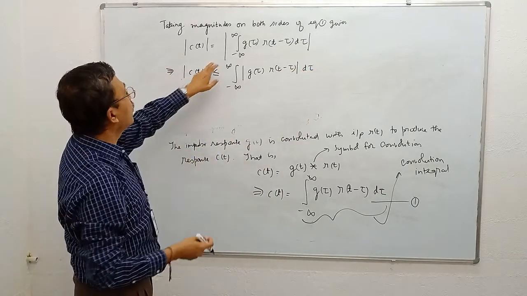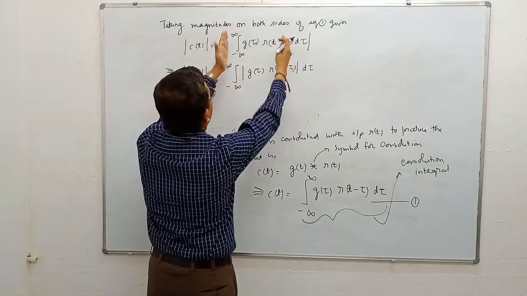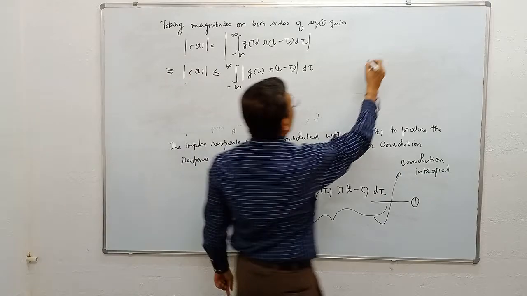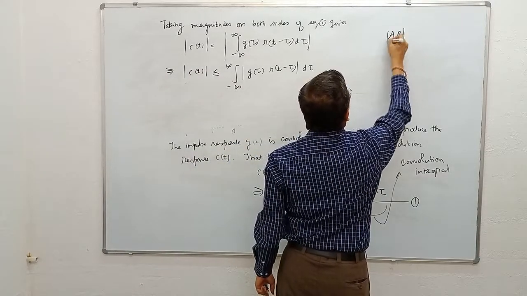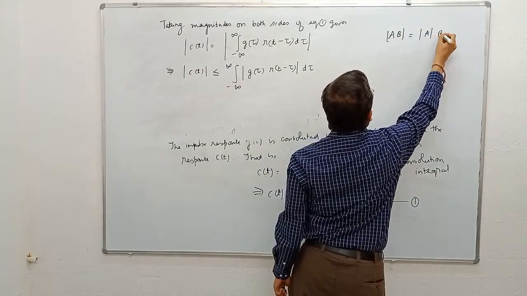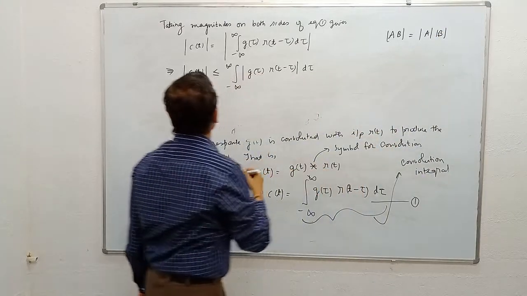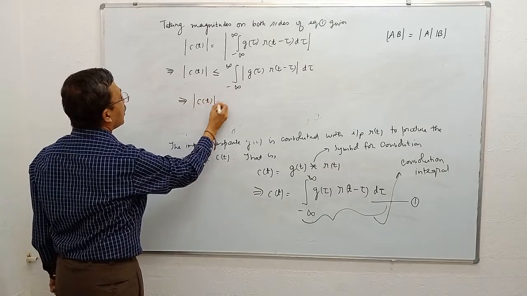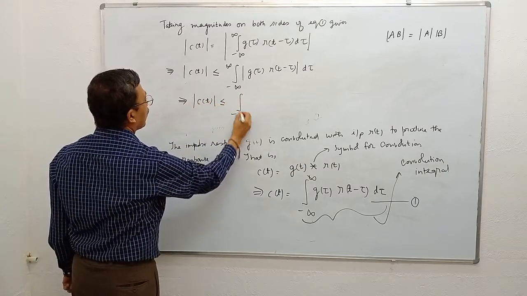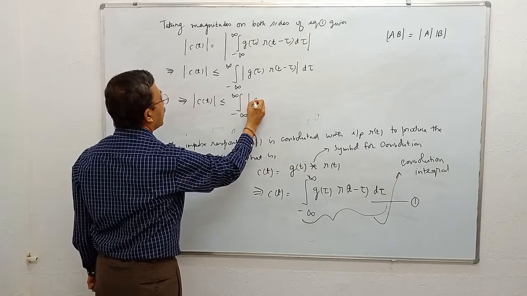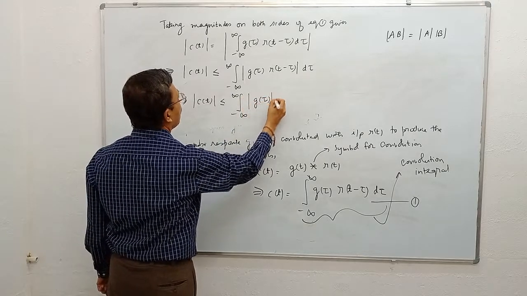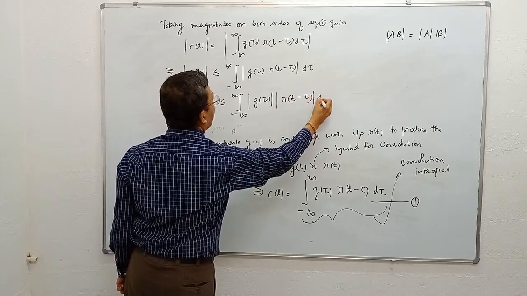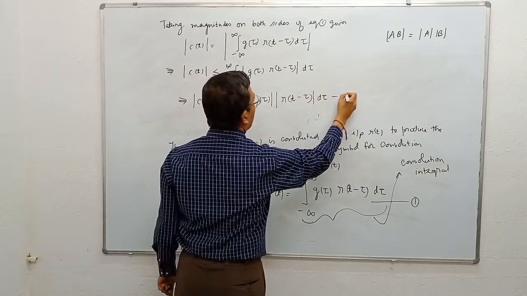The magnitude of AB is equal to magnitude of A into magnitude of B. Therefore, magnitude of c of t is less than or equal to integration from minus infinity to plus infinity modulus of g of tau into modulus of r of t minus tau d tau. This I will call equation 2.